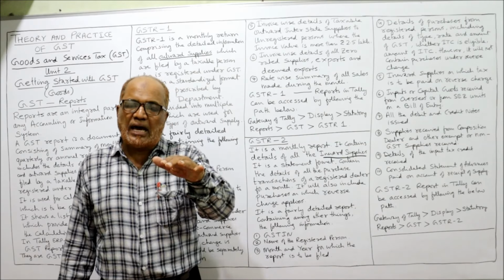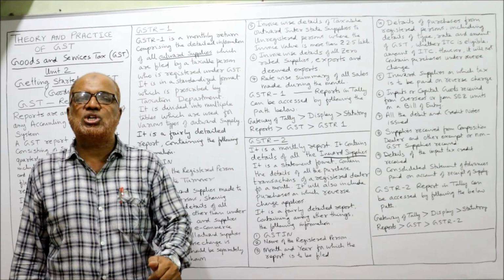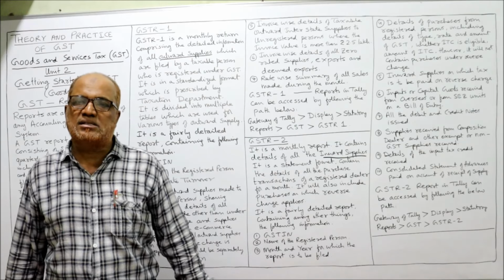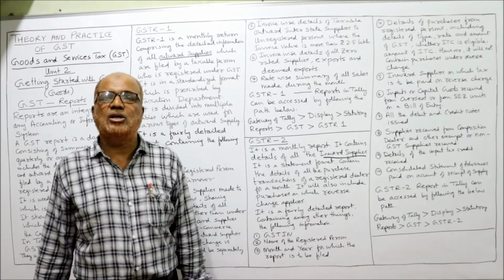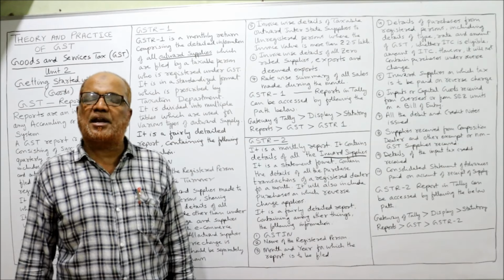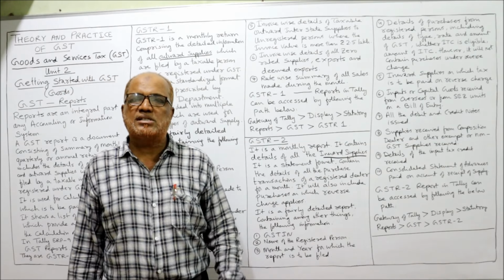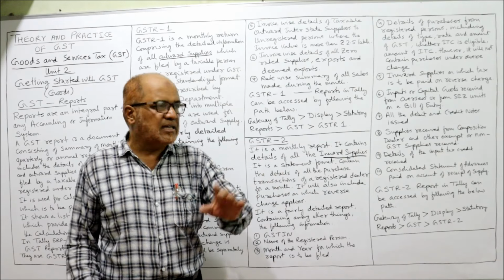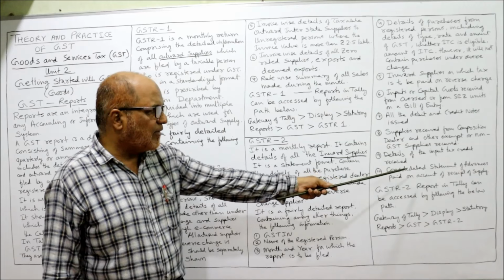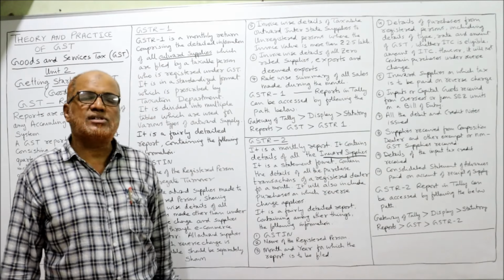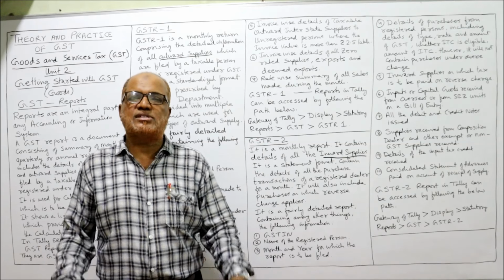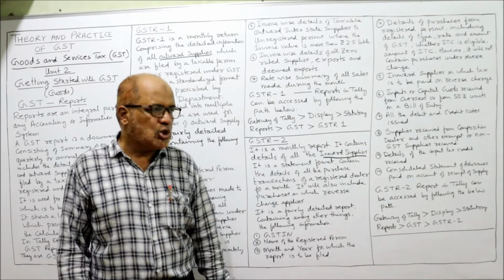So any supplies received from a composition dealer, and also other non-GST supplies received, should be shown separately. Next, details of the input tax credit received. How much is the input tax credit, ITC, received? Then a consolidated statement of advances paid on account of receipt of supply. Any advances paid for receipt of supplies should also be shown.